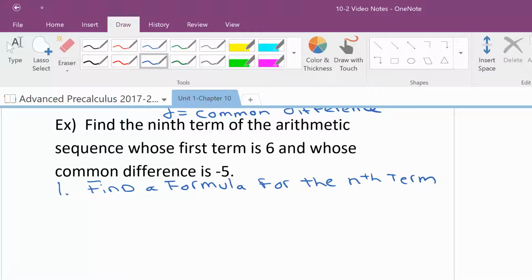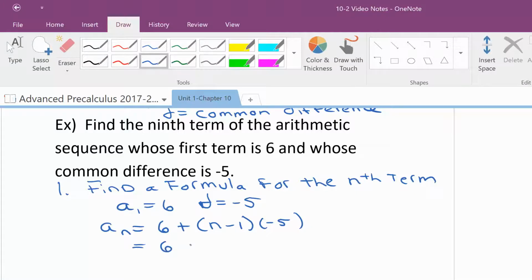The first term is 6, the difference is -5. So we go 6 plus n minus 1 times -5. That's 6 minus 5n plus 5 when I distribute, which gives you -5n plus 11. That is the formula.